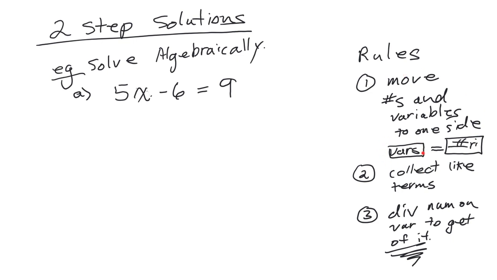We're going to ensure that our variables are on the left and our numbers are on the right. Now, I've spoken to you about this already. I just look at my equation and I see what is already in its right spot. The 5x and the 9 in our basic equation here are in the right spot. The 5x is on the left and the 9 is on the right.